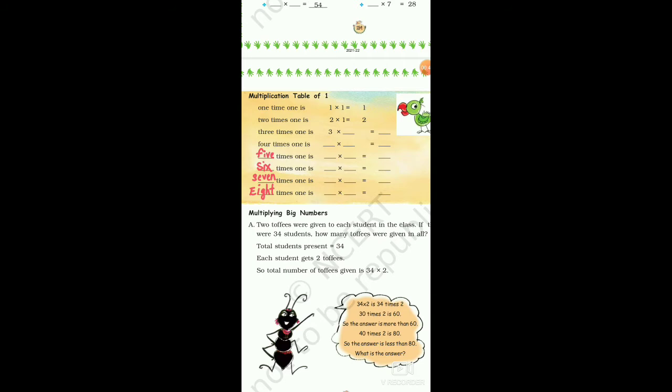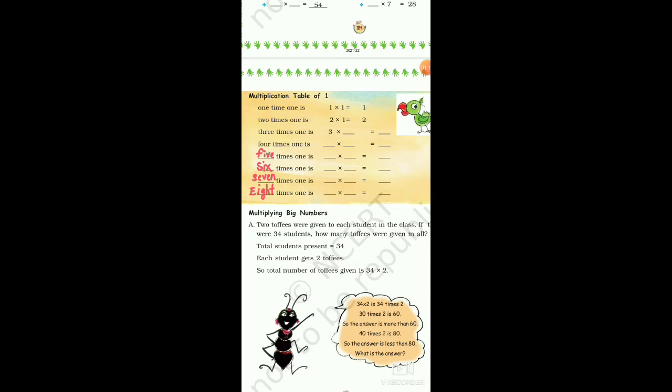As you can see, 1 time 1 is 1, 2 times 1 is 2, 3 times 1 is 3, 4 times 1 is 4, 5 times 1 is 5, 6 times 1 is 6, 7 times 1 is 7, 8 times 1 is 8, and as well 9 times 1 is 9, and 10 times 1 is 10.